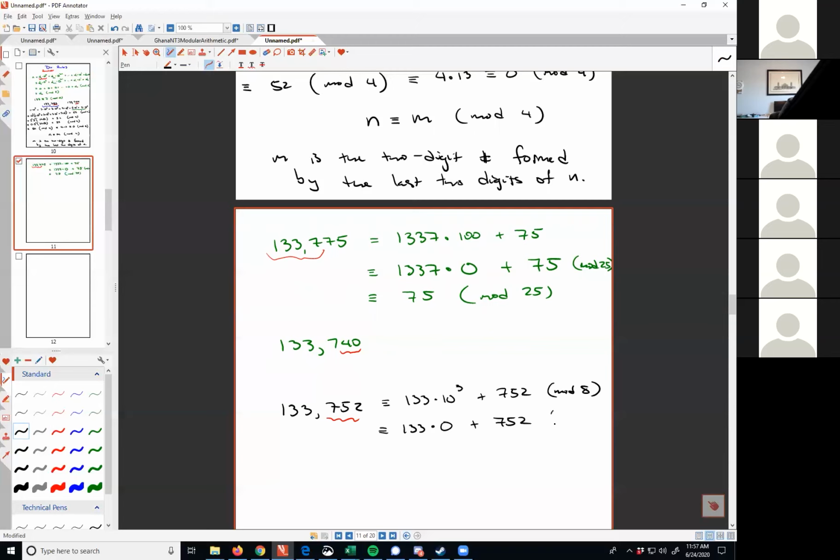So all we have left are the final 3 digits. And in this case, 752 is a multiple of 8. And therefore, the original integer was a multiple of 8.